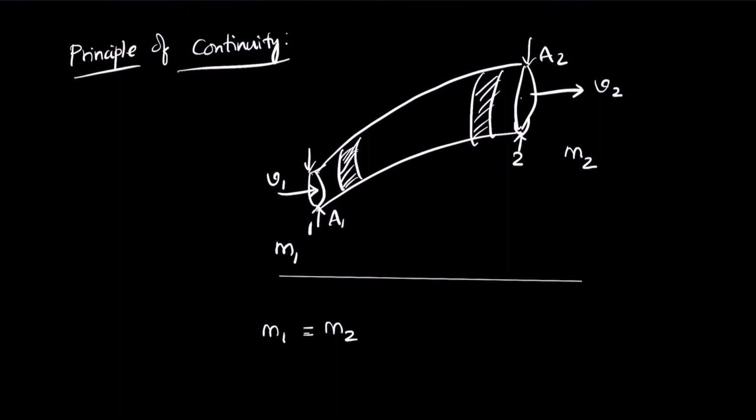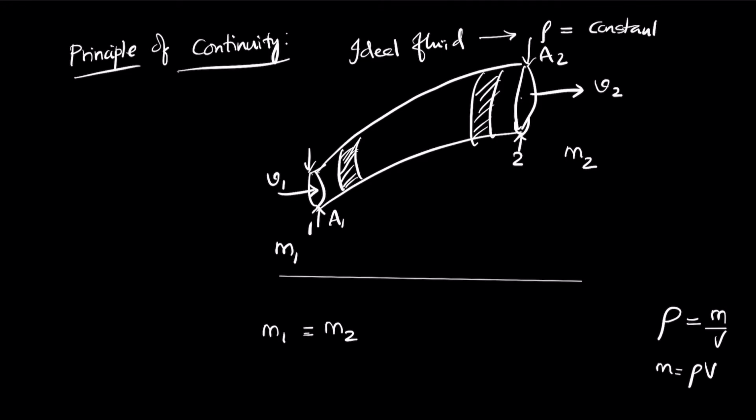Mass can be written as density times volume. We are considering that this is an ideal fluid, so there is no change in density, which means rho stays constant and rho1 equals rho2. So we can write it as rho v1 equals rho v2.